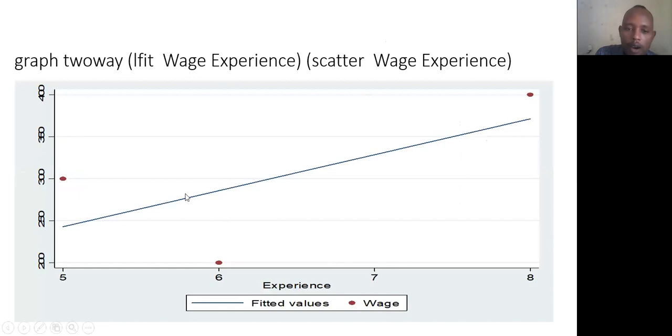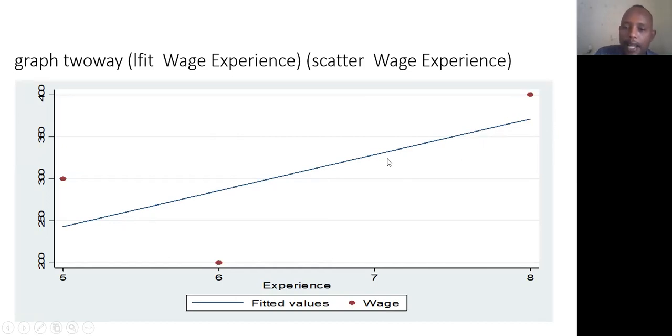The regression line doesn't capture all observations. Look at here. One observation is here, another observation is here. This regression line means simply the average value of the dependent variable for respective values of the independent variable. Therefore, there are observations that are not captured by the regression line.